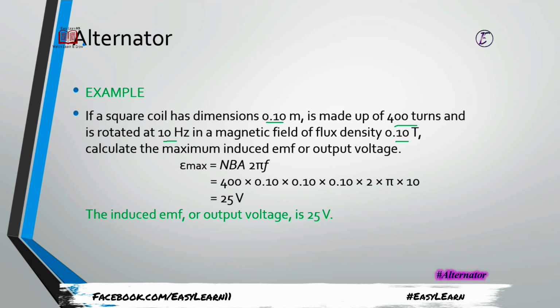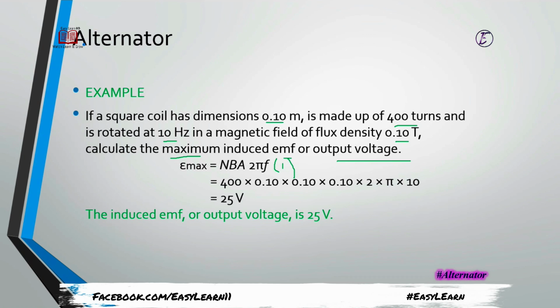How do we calculate the induced EMF or the output voltage? Same thing, we have to calculate the maximum induced EMF. So we are going to ignore the sine parameter, because the maximum value of sine is 1, whatever the angle is. The question asks for the maximum, so we take it as 1.